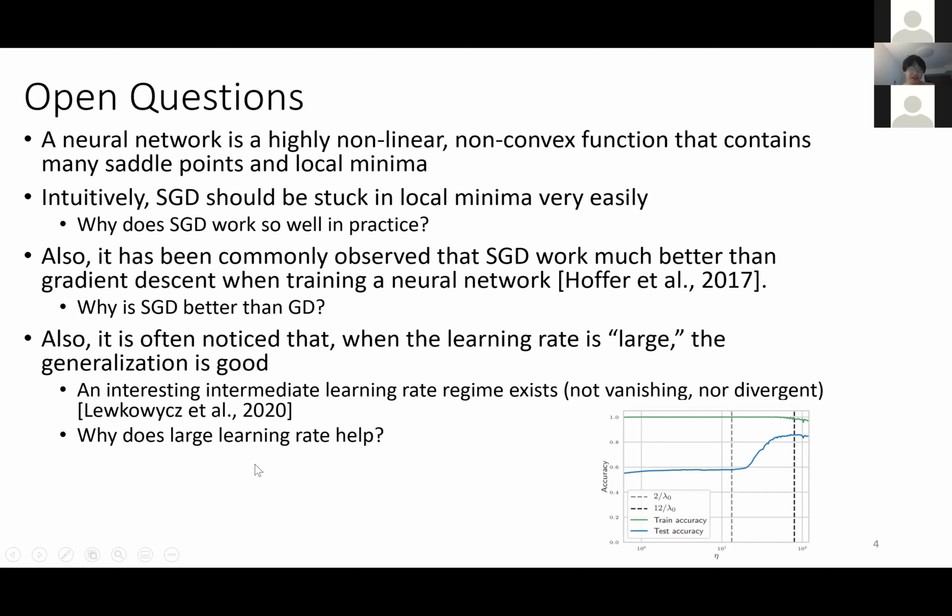So here is a figure taken from the Lewkowycz paper. You see that at small learning rate, the test accuracy is rather plateau-ish, but it features a very fast increase to another plateau as you increase the learning rate, suggesting some sort of qualitative transition-like behavior here. So learning rate can also be crucial.